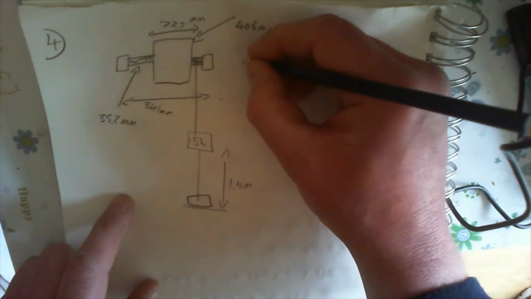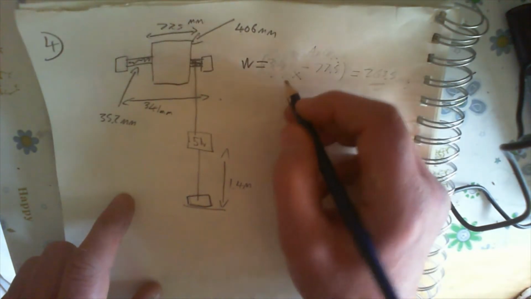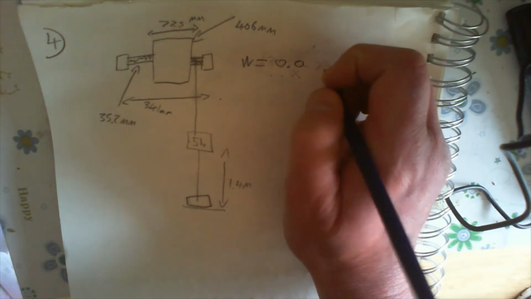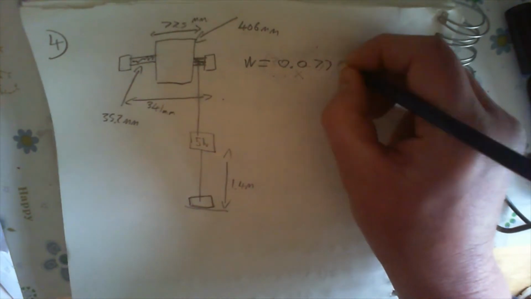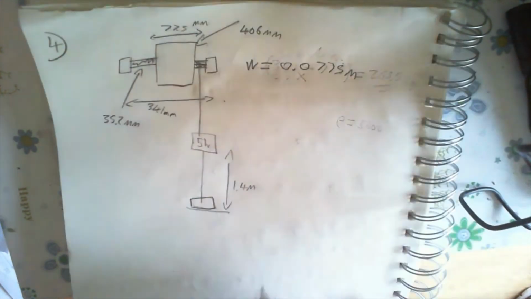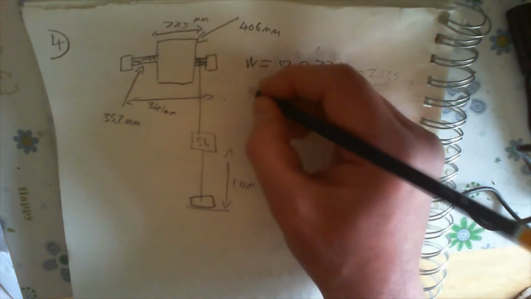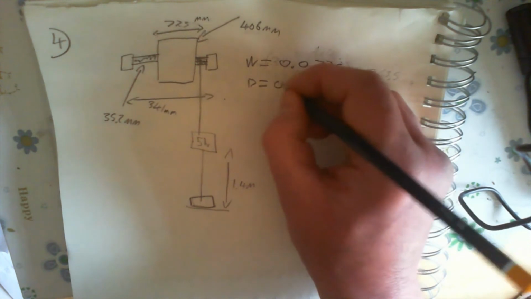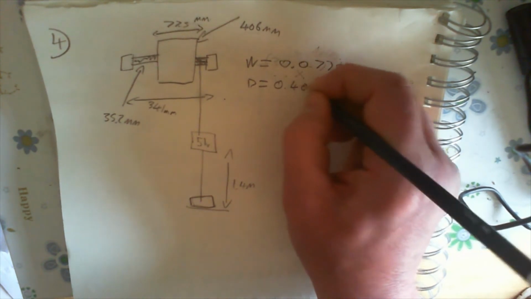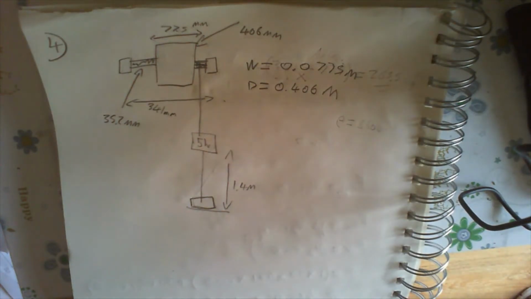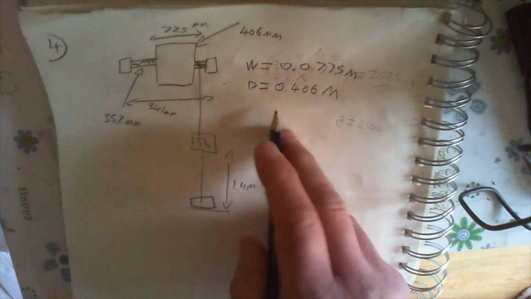So this width here is going to be 0.0775 meters, and this diameter here is going to be 0.406 meters.